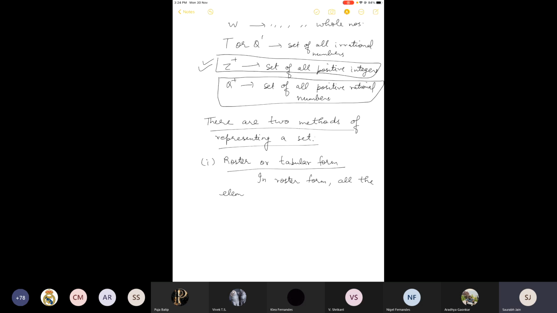All the elements of a set are listed, separated by commas and enclosed within braces.